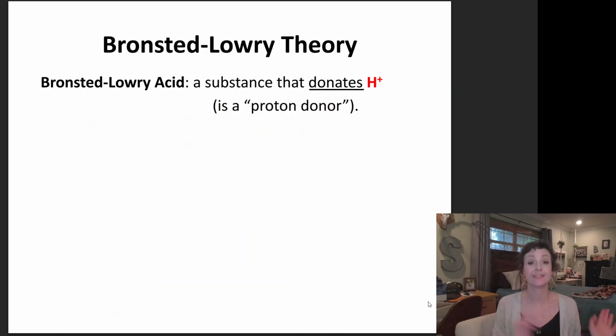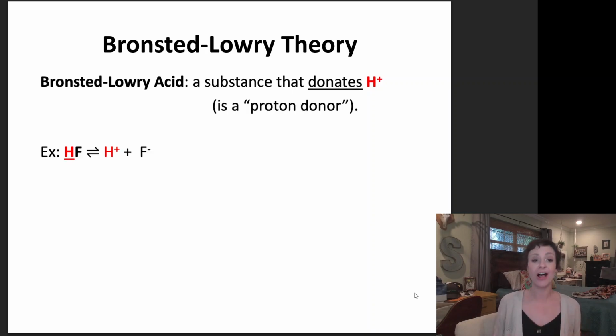So what did Bronsted-Lowry say about acids and bases? A Bronsted-Lowry acid is a substance that donates the hydrogen ion, or it is a proton donor. For example, I have hydrofluoric acid. Notice that hydrofluoric acid has a double-headed arrow for its dissociation. That's because it is weak, okay?